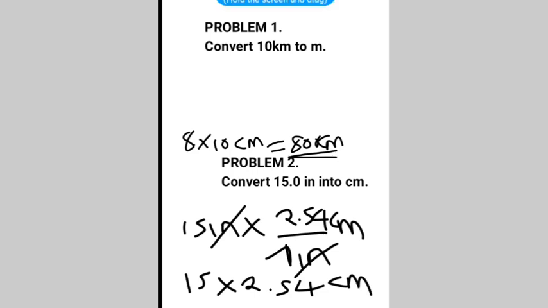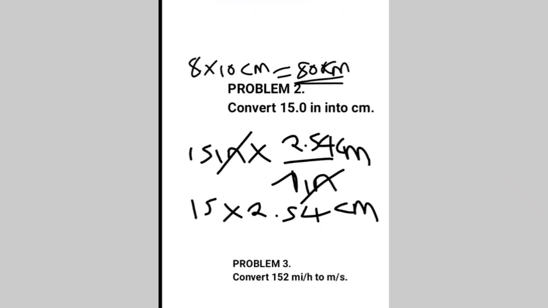You have to use the calculator. 15 multiplied by 2.54 centimeters is the same as 38.1 centimeters. So this is the answer. Now let's answer question 3. Problem 3 says convert 152 miles per hour to meters per second.